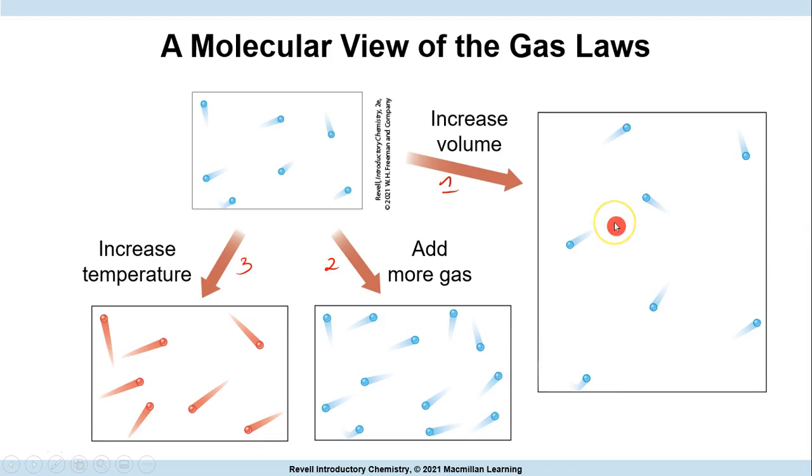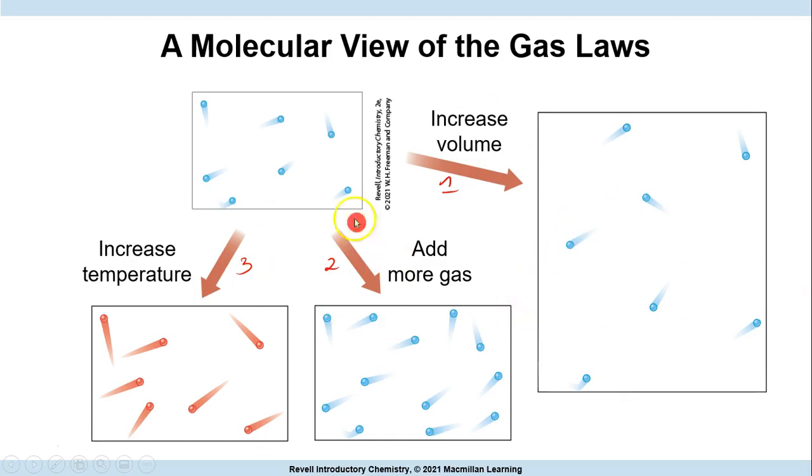Because they have to travel that far, the pressure reduces, because pressure is caused by the collisions of the gas particles with the walls of the container. Because the container is now large, the collisions are reduced, and thereby reducing the pressure. So if you increase the volume, pressure decreases.